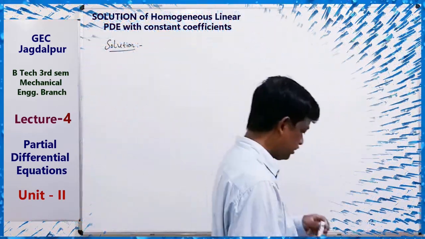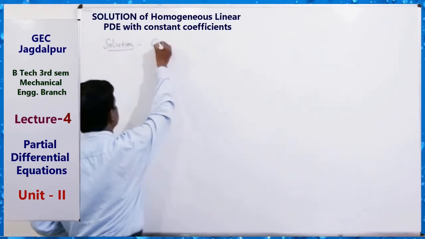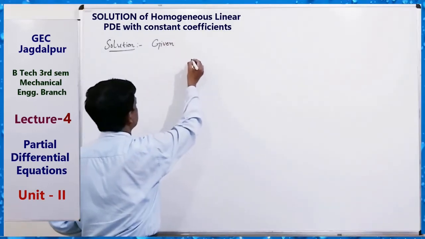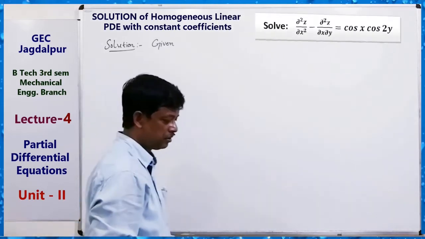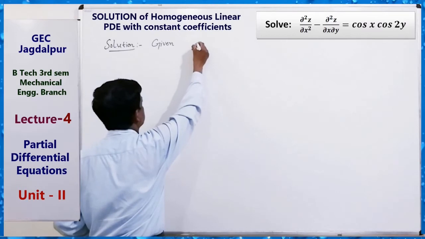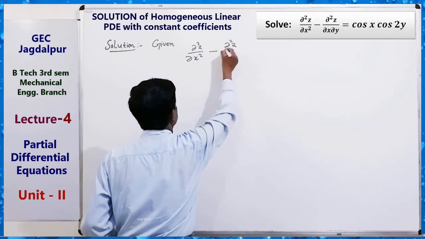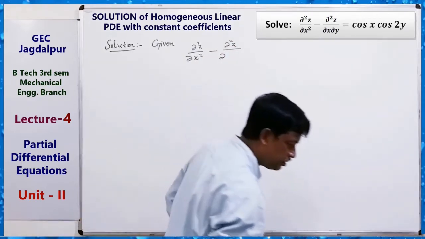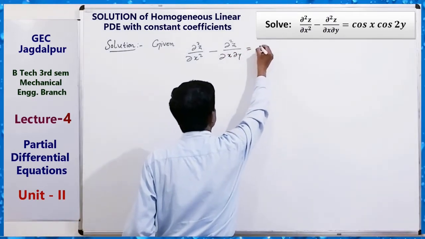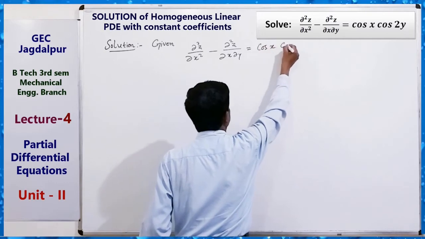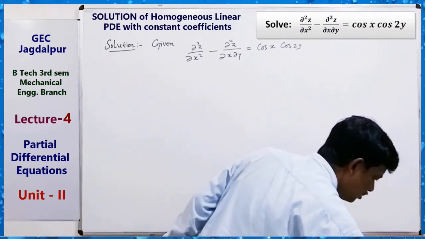Now take the second question. Del 2 z by del x square minus del 2 z by del x del y equals cos of x cos of 2y.